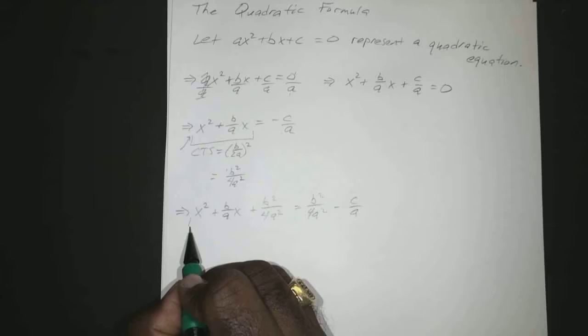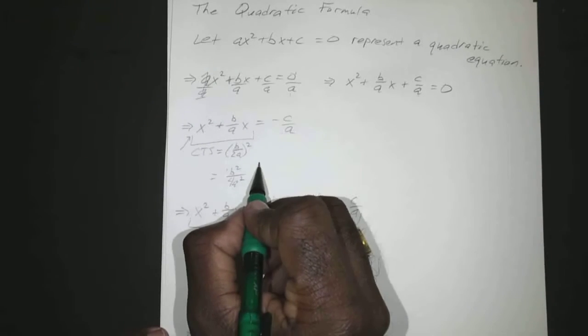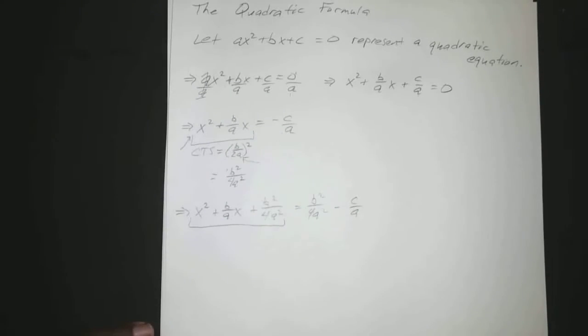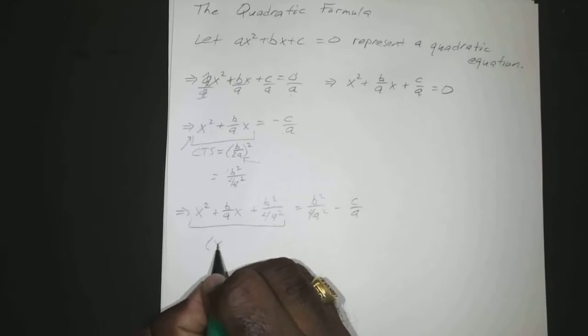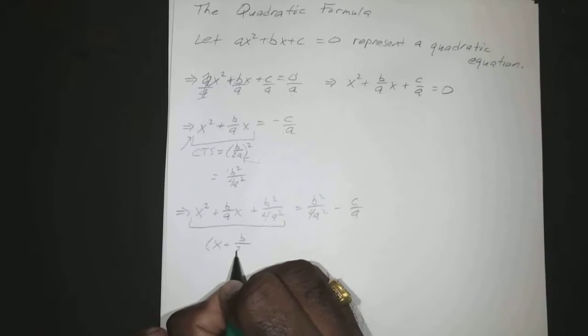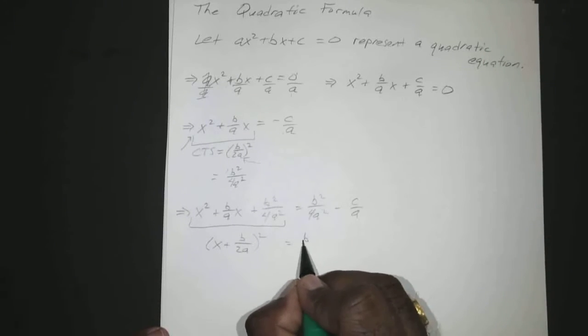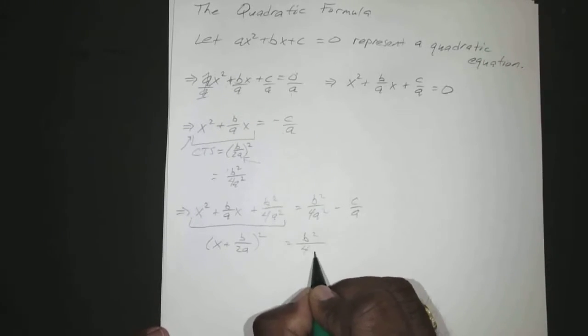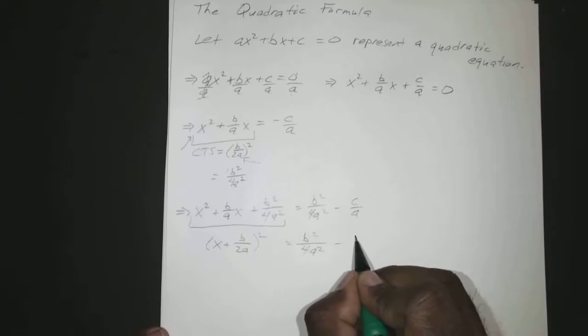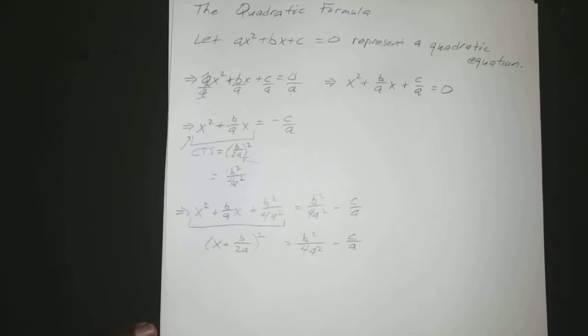Okay. And here, before we apply our square, we always remember that value inside of there? We're going to do the same thing here. So this becomes x plus b over 2a squared equals b squared over 4a squared minus c over a.